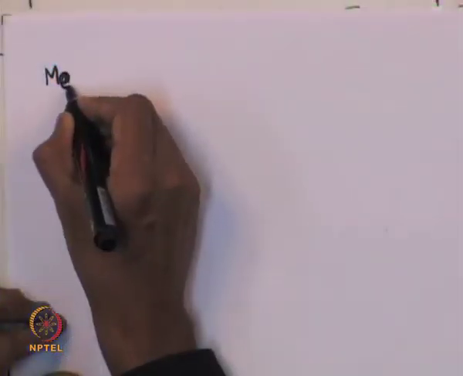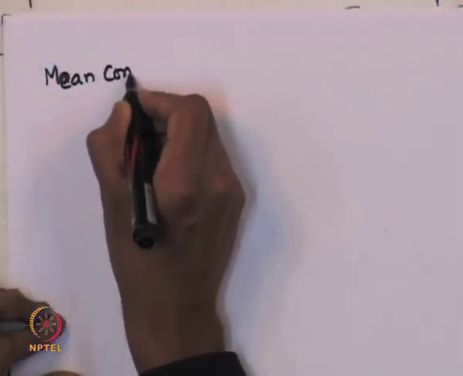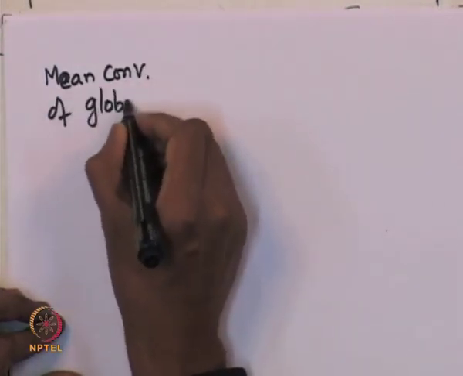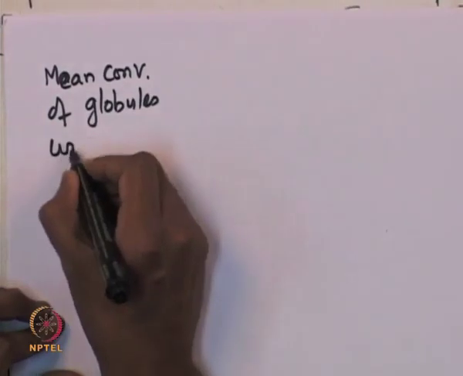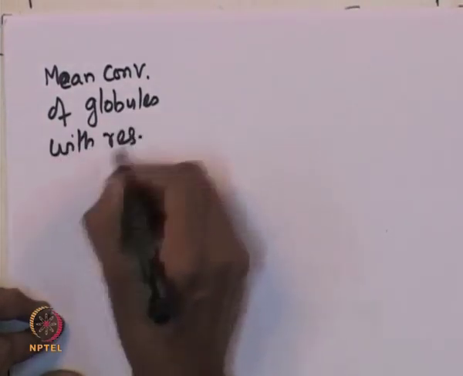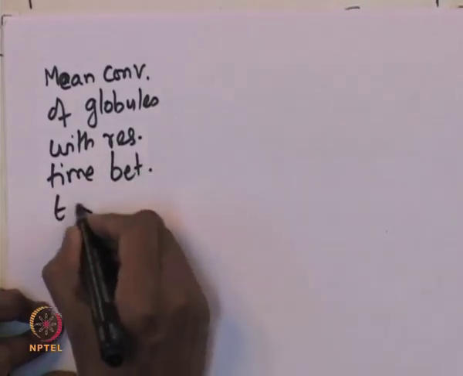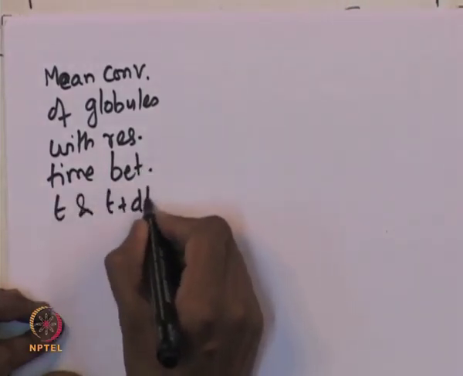So, how do we find this mean conversion? Let us say the mean conversion of globules with residence time between t and t plus dt, in that small interval of time.